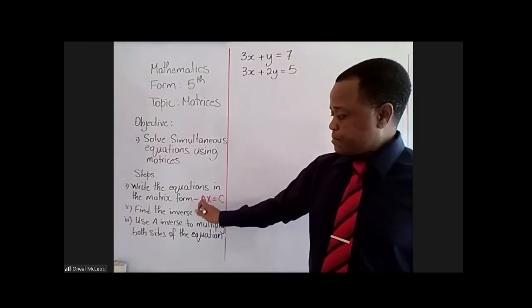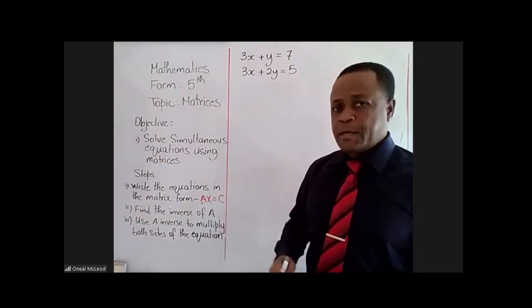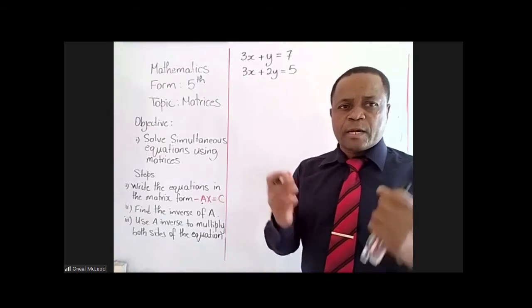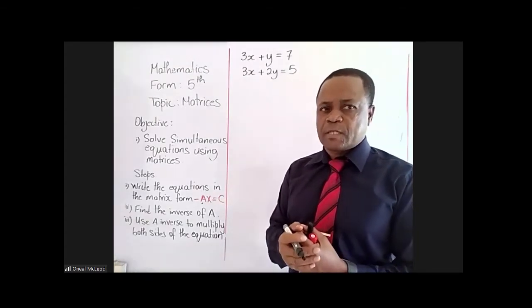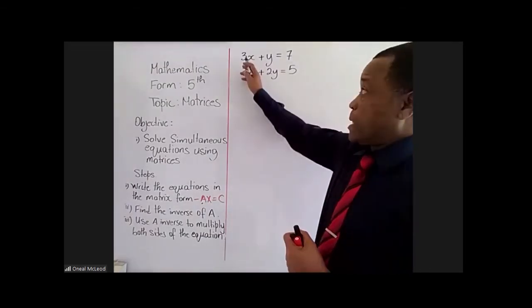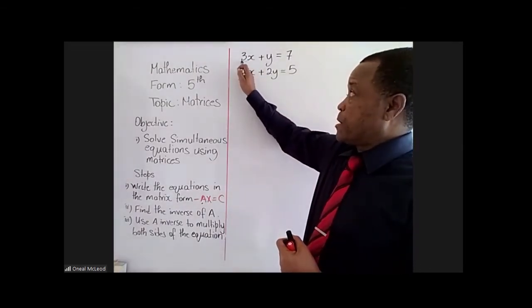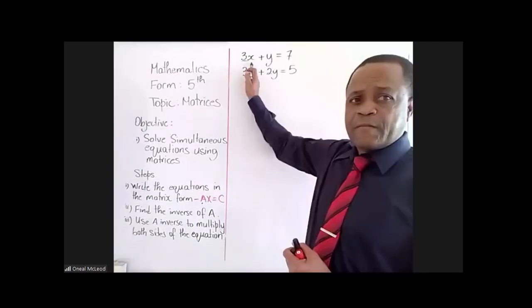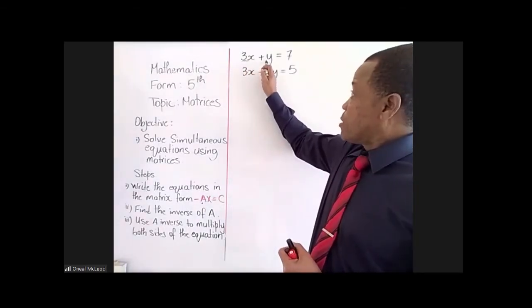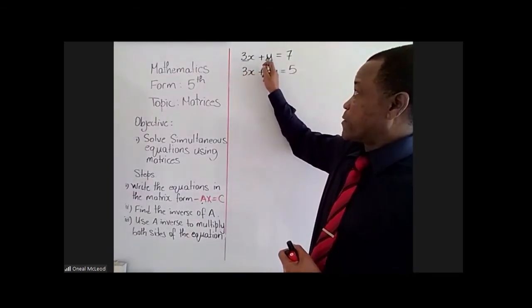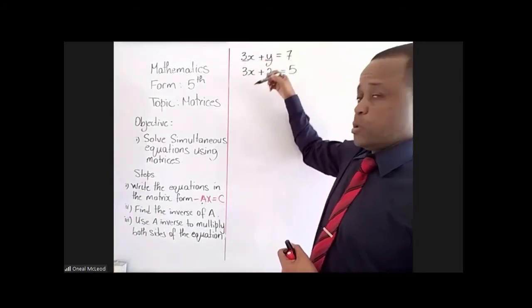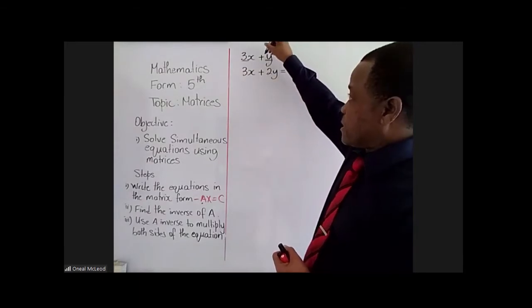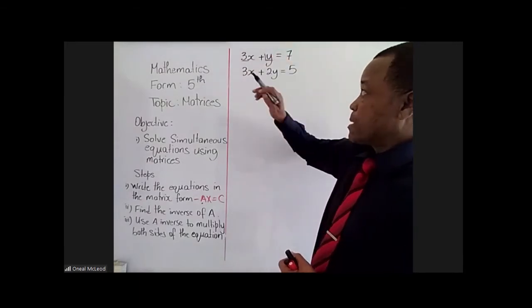Now, remember that A represents the numerical coefficients of the variables. So when I look up here, 3 is the numerical coefficient of this x. I'm not seeing any number in front of y, but you should know that the numerical coefficient here is going to be 1.